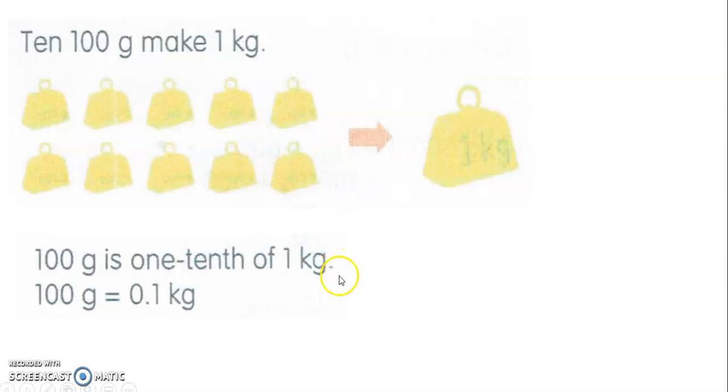If you divide the 1 kilo, because 1 kilo is like 1000, into 10 parts, each part would be 100, right? So we say that 100 grams is 1/10 of 1 kilo.